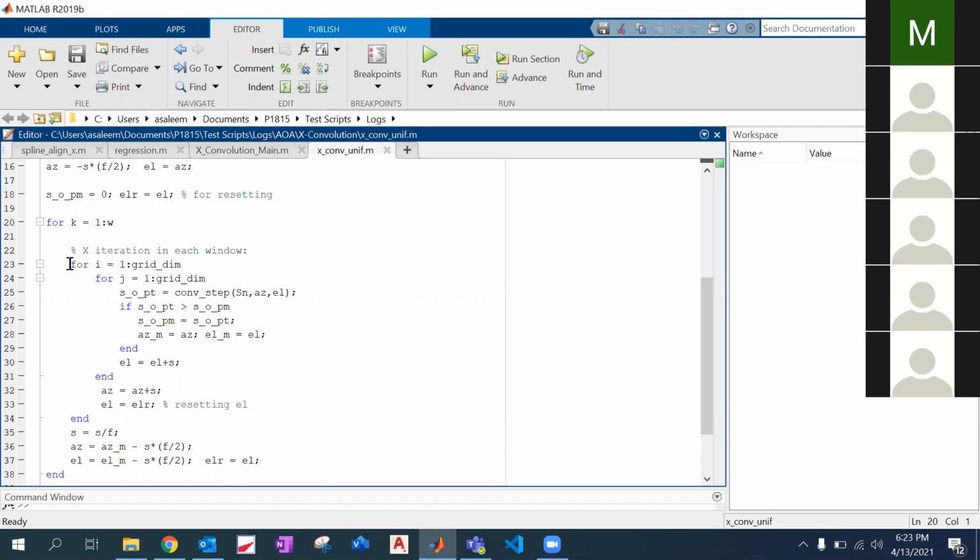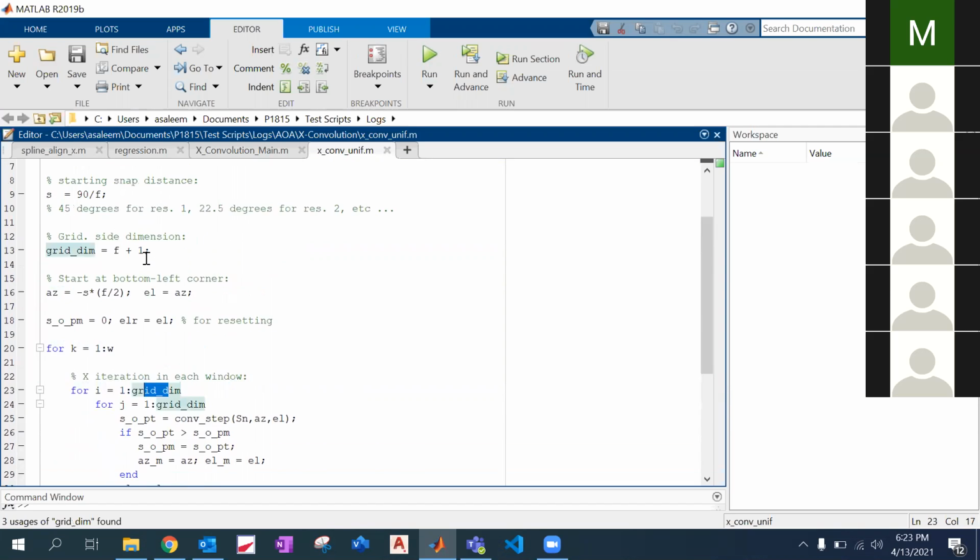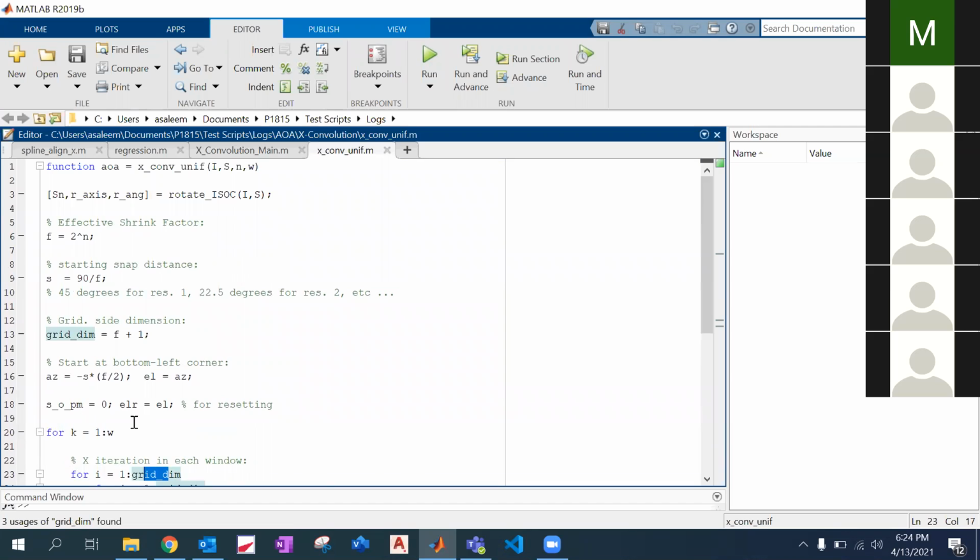Notice how the grid dimension is specified by f+1. So n is the resolution, and this is a shrink factor. If you increase n, the shrink factor will increase.